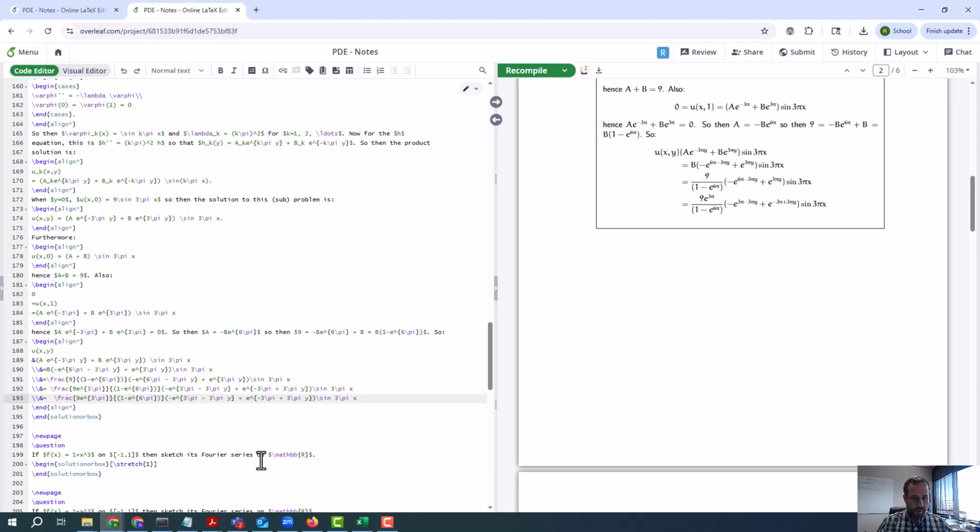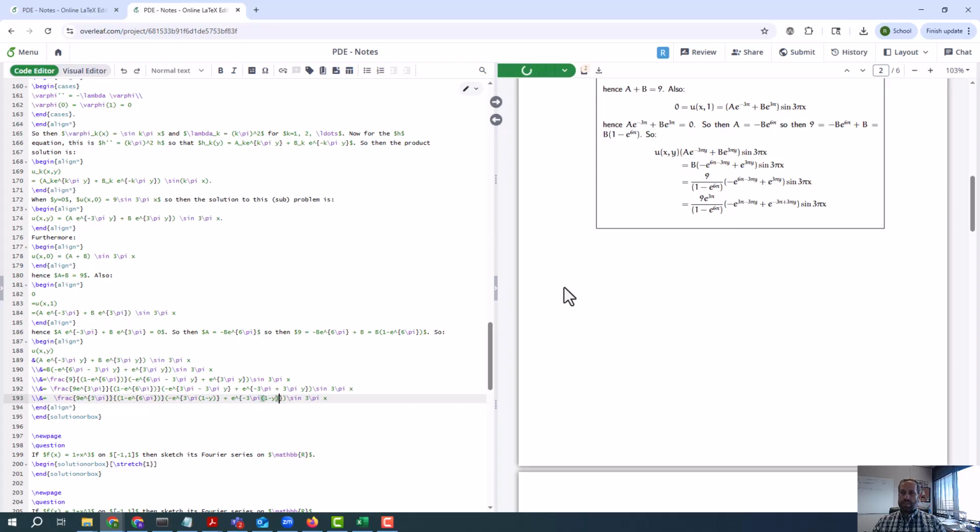I'm going to get rid of this right here, and I'm going to have something similar over here. I've got a minus 3 pi in each term, and then it's going to be 1 minus y here as well.